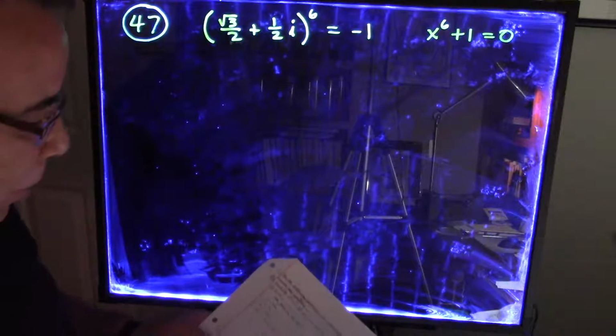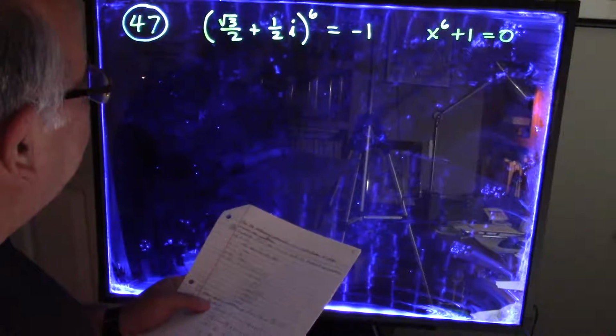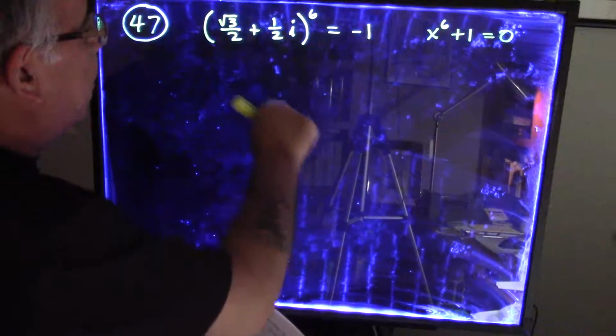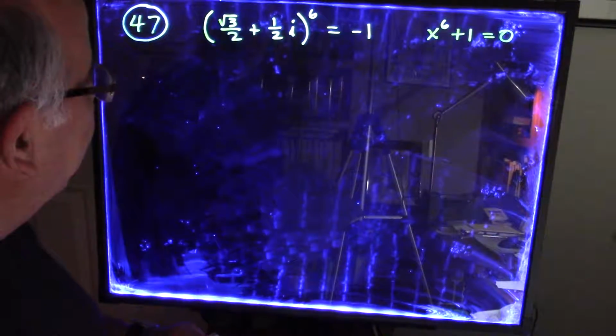That's how you would do it on your calculator. You just have to enter these numbers into your calculator.